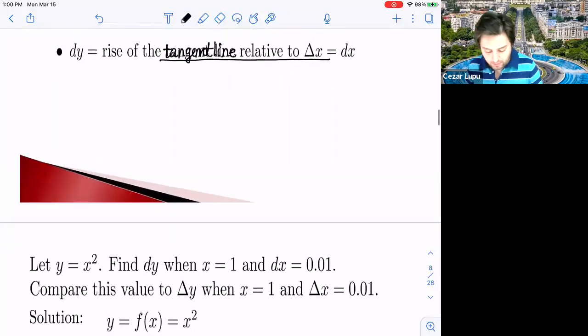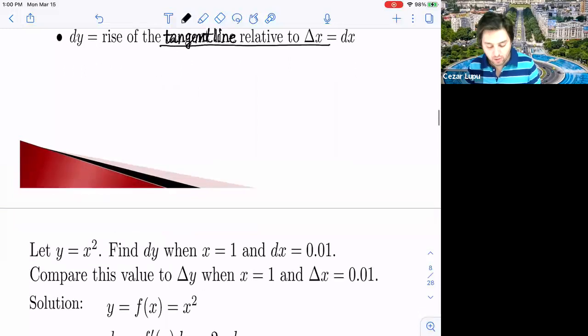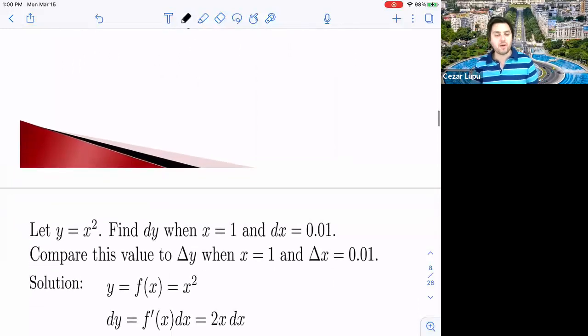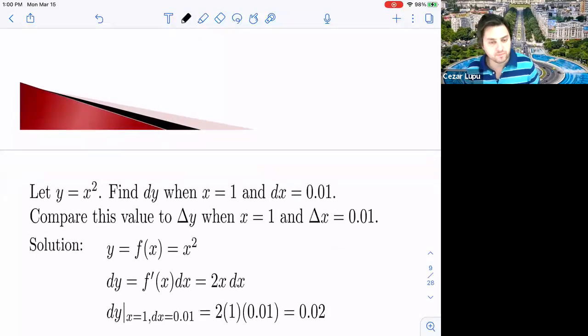All right. So we're going to consider y equals f of x, which is x squared, right? And we need to differentiate this to find dy. So dy will be f prime of x dx, which is 2x dx. And then what? We will evaluate dy at the point, what point? At the point x equals 1 and delta x, which is dx, 0.01. So let's do that. And look what we have.